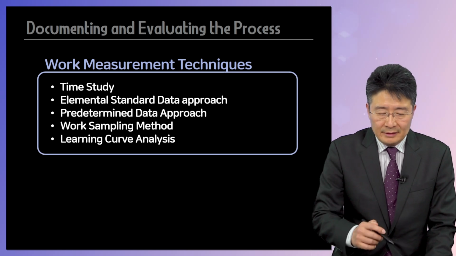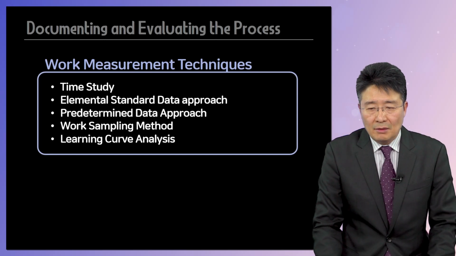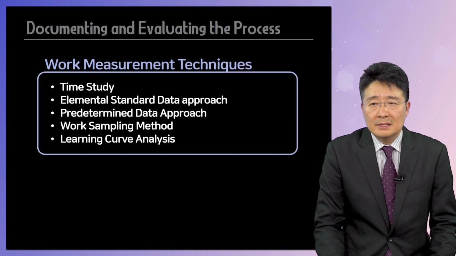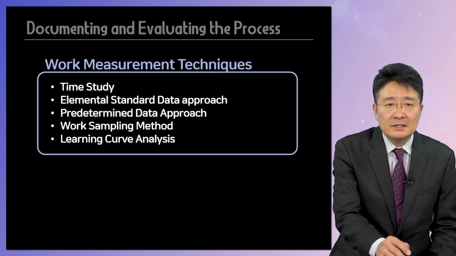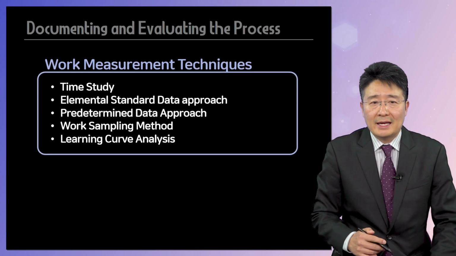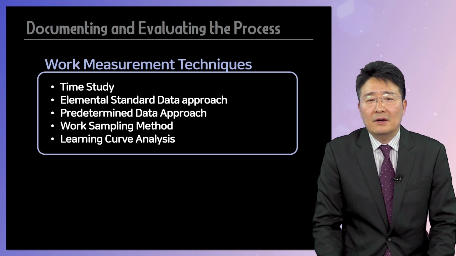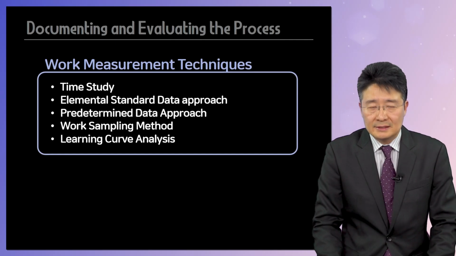Work sampling method is about measuring the proportion of the time spent by the employees or machines. We will see the details in the next slide. The last one is learning curve analysis. We will see more details.